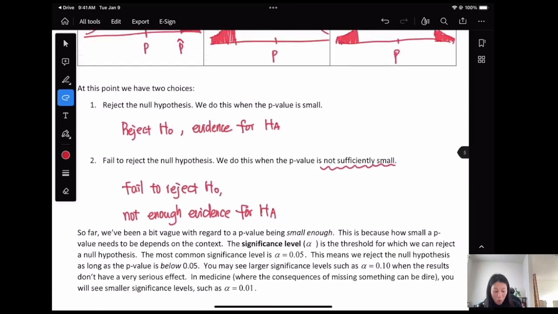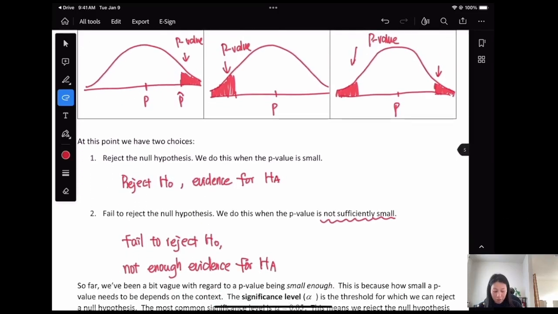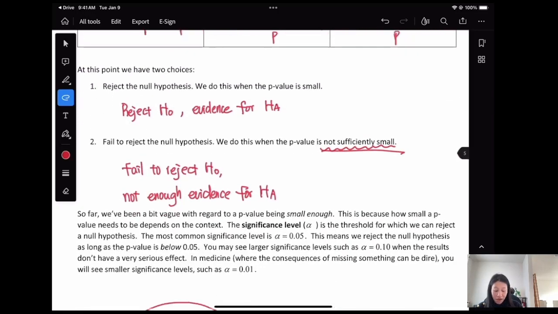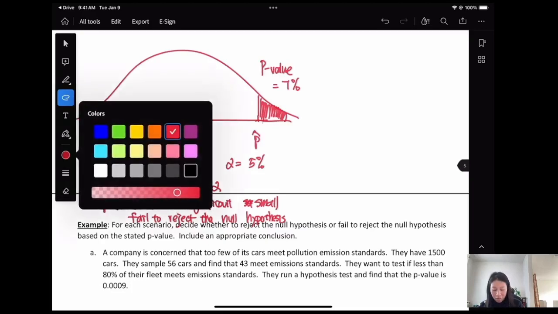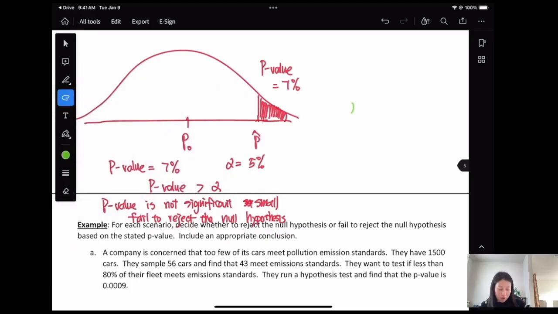If it's not small, then what happens? Well, then we fail to reject the null hypothesis. But conditions can change. If I change our alpha to 10%, then our p-value, which is 7% by calculation, compared to alpha equal to 10%, means our p-value is less than our alpha, right?